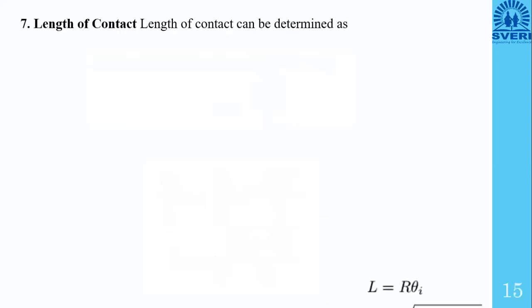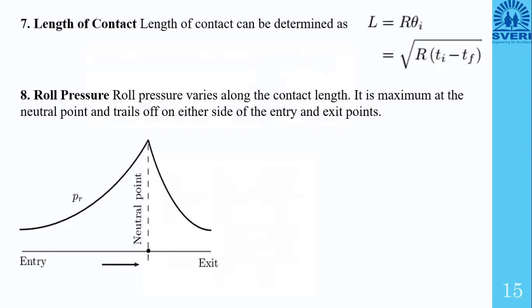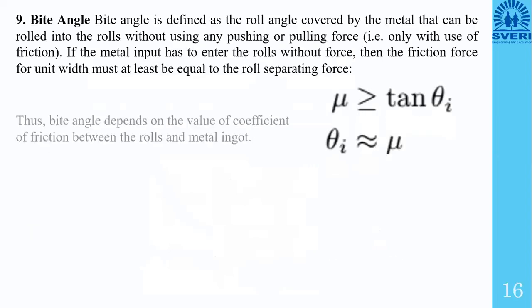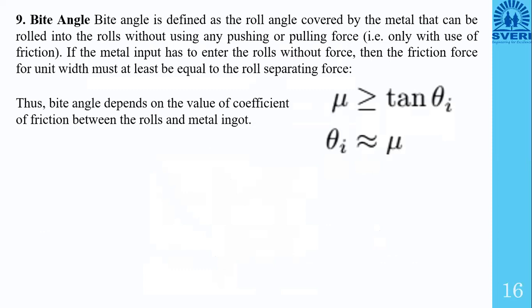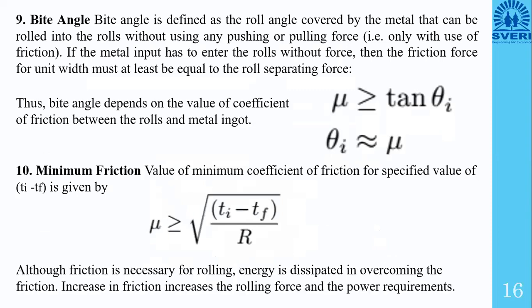Then contact length L, roll pressure PR. Then bite angle, that is friction angle, we have calculated. Minimum friction, or the formula, we have decided.